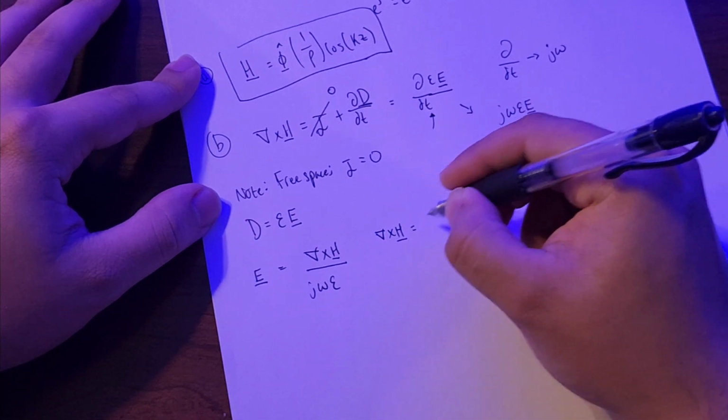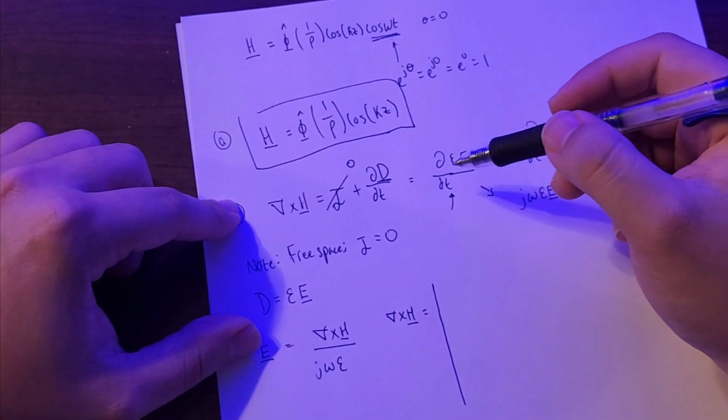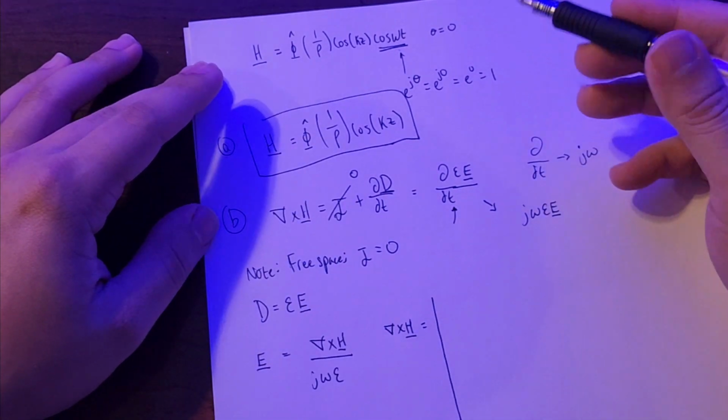Hopefully y'all are following so far. These are basic equations we need to know. Of course, we haven't gone through very many practice problems. We definitely haven't gone through enough.